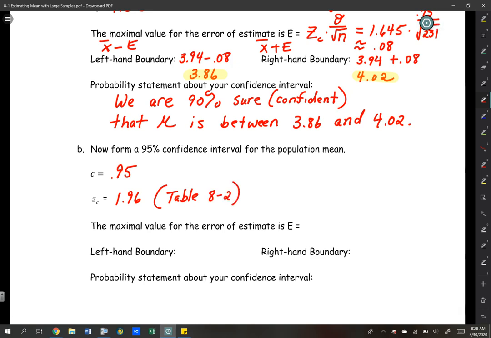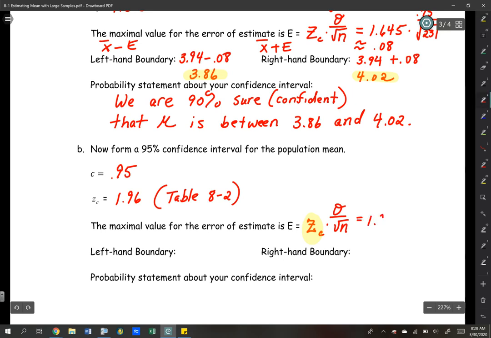For the maximum value for the error of estimate, we're going to use our formula z sub c times the standard deviation over root n. In this case, for part B, the only thing that's really changing is this. We're still going to have the same standard deviation and the same number in the sample.